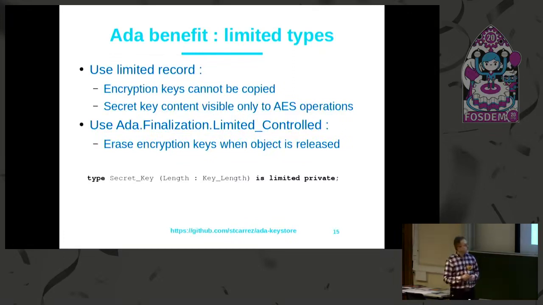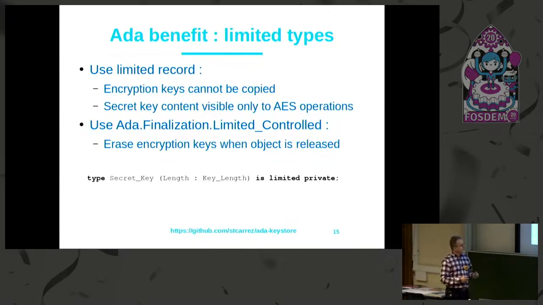That's important. The second thing is that the content of the secret key is visible only to the encryption package, which will use it to encrypt and decrypt the content. So this is another property that Ada brings, which is important.